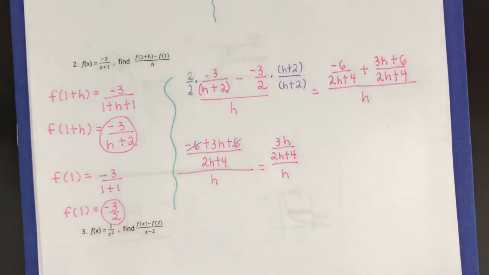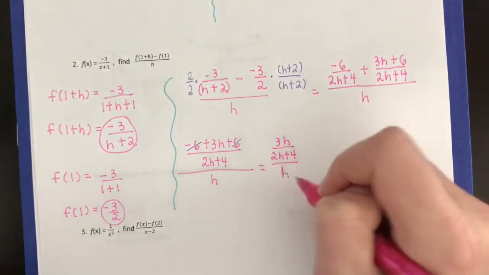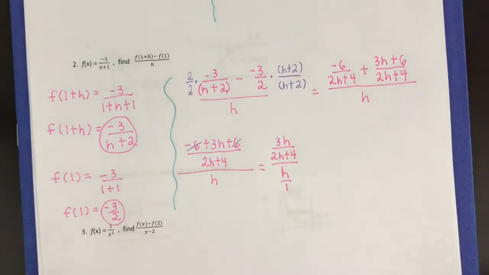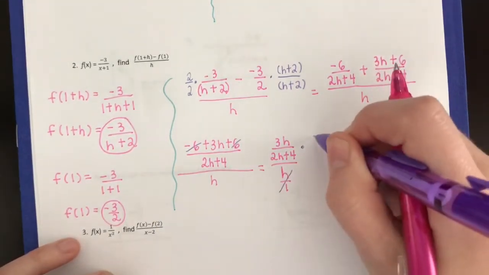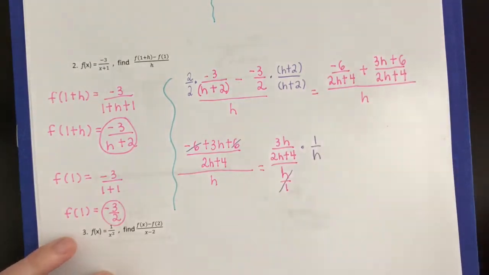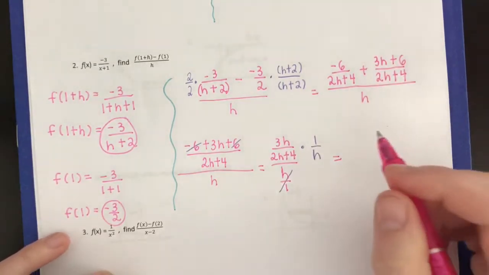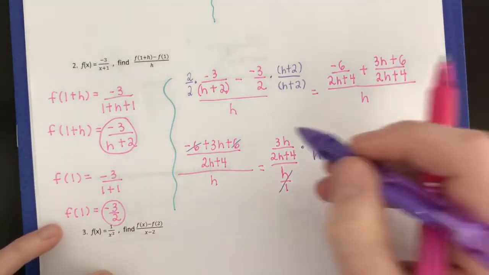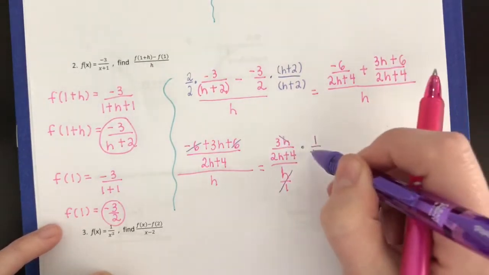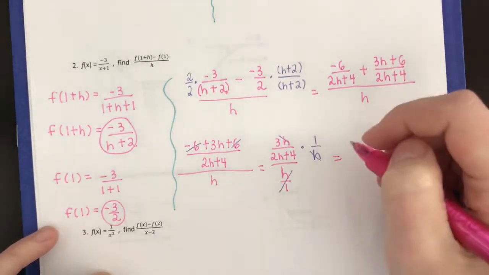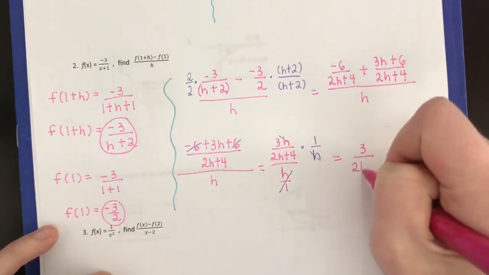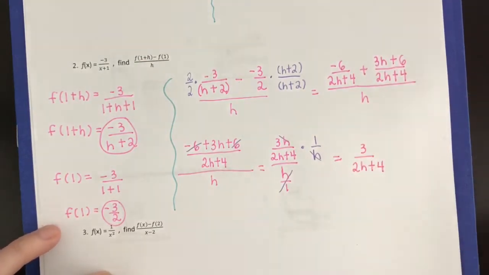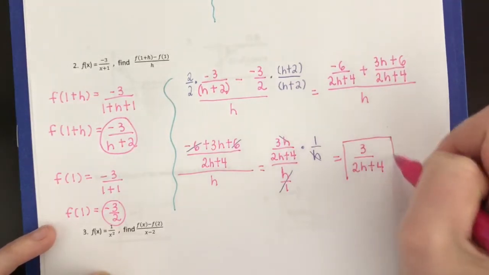And remember, this is like h over 1. And you're going to multiply by the reciprocal, which would be 1 over h. So in the numerator we already have an h, and in the denominator we have an h, so we can actually simplify those. So on top you would have 3 over 2h plus 4. Final answer.